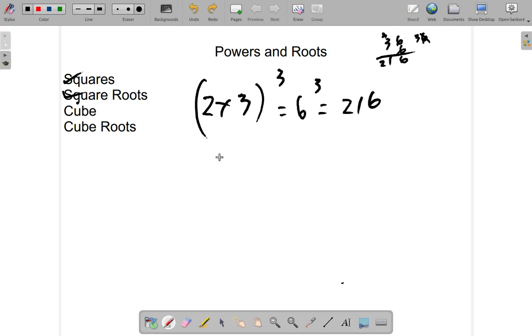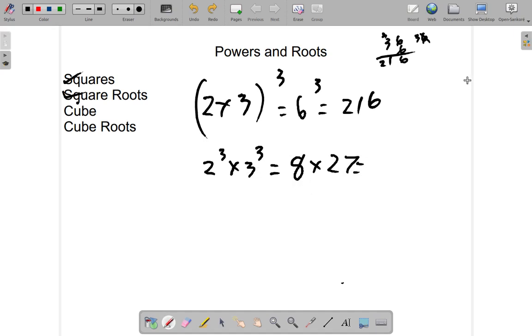Good. Suppose we say, just like when we had a number divided by a number and we separate them, suppose we had 2 cube times 3 cube. Separate them. Would it work? Let's see. 2 cube is 8. 3 cube is 3 3 is 9, 9 3 is 27.